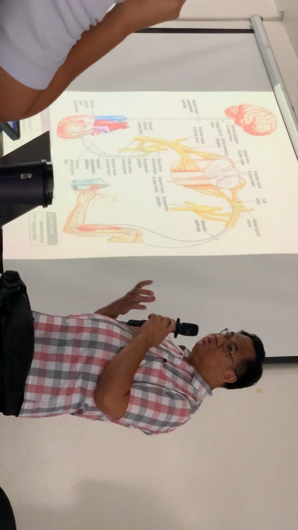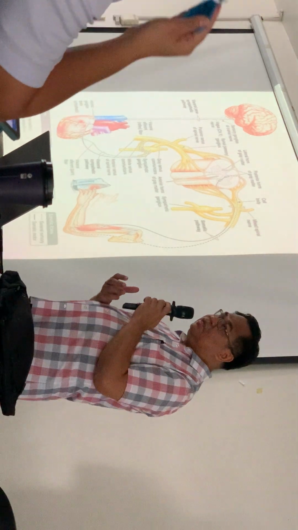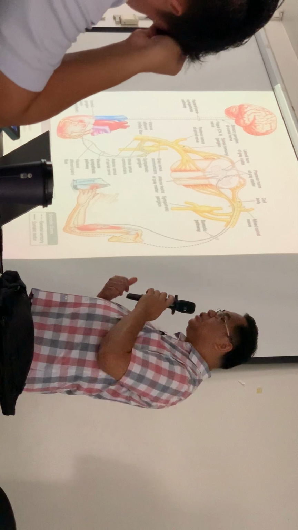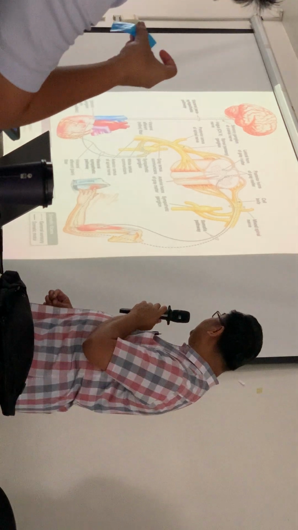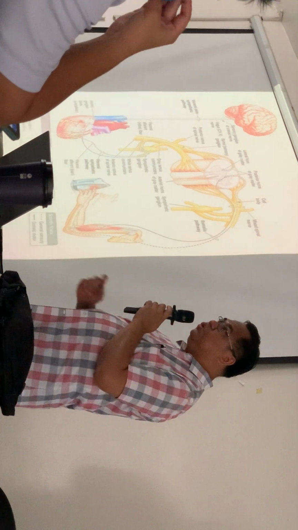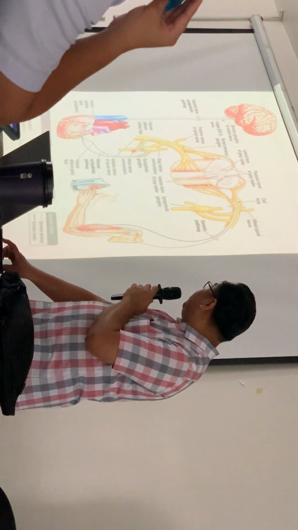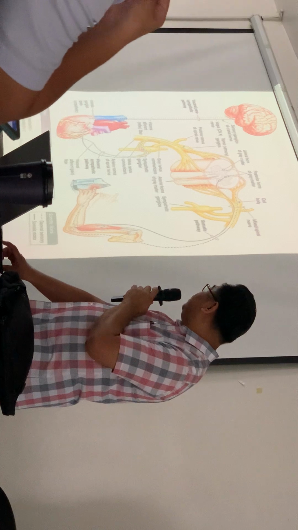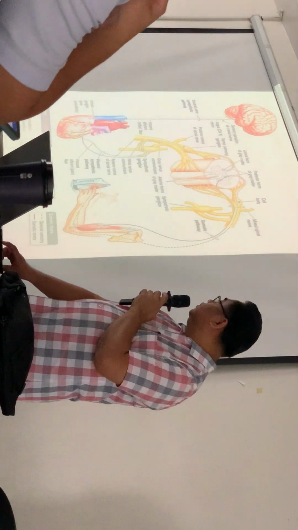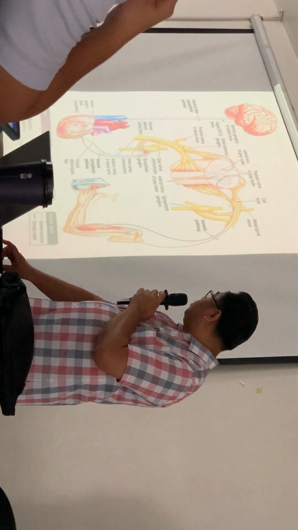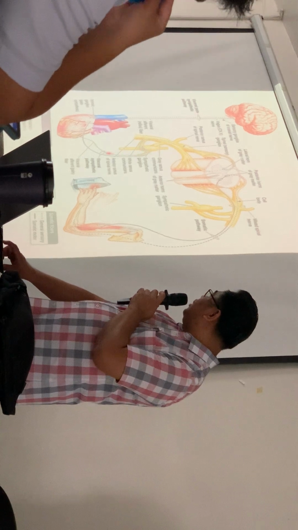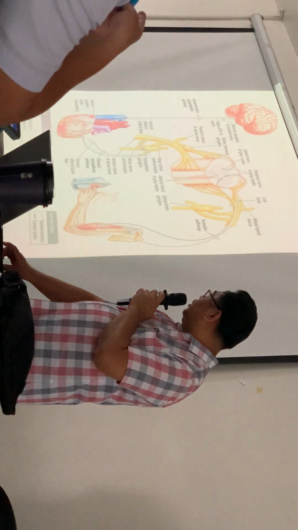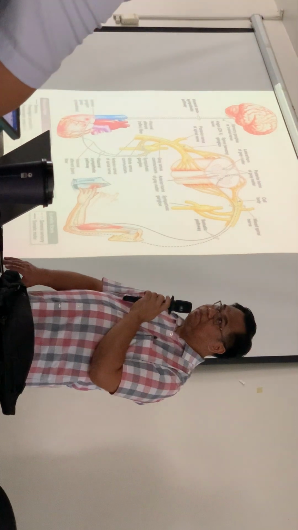Now the sympathetic will cause an increase in heart rate and an increase in contractility of the heart, increase the blood pressure. Okay? So again, it's a two-neuron pathway, but the difference here is that the ganglion is further away from the heart. So the postsynaptic neuron has a longer axon compared to the postsynaptic neuron of the parasympathetic nervous system. Okay?